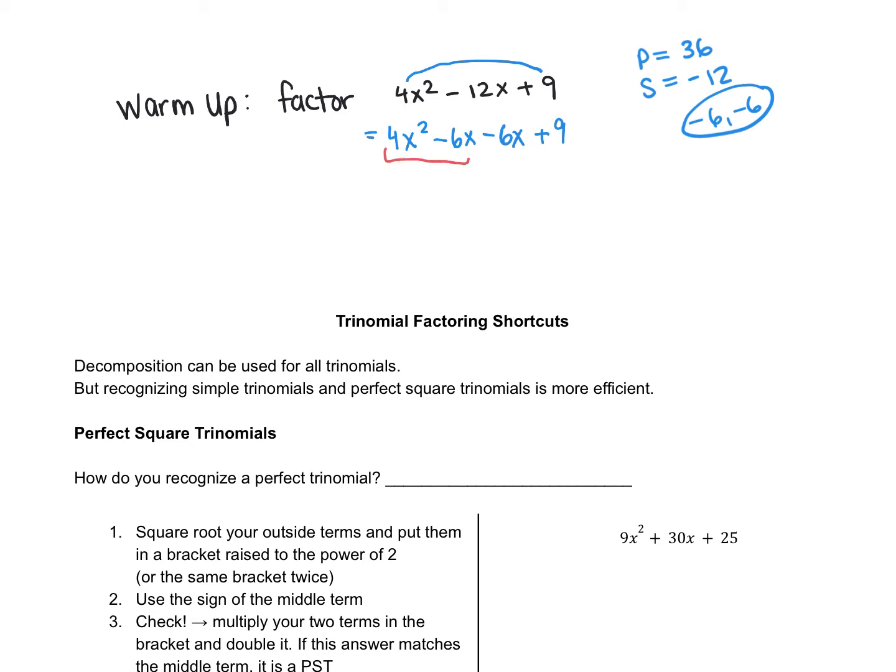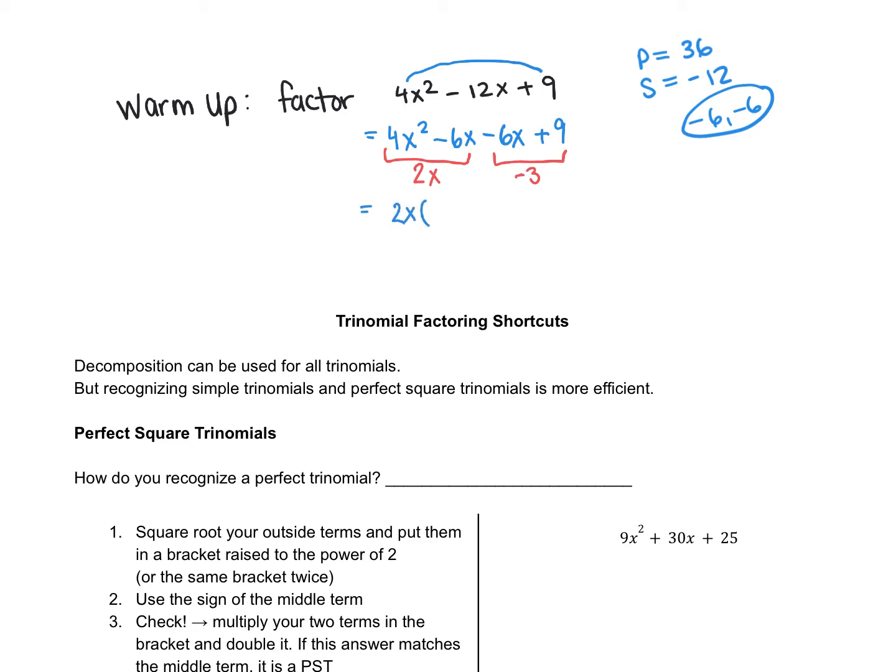After we decompose, we're going to pair up our terms and grab that common factor from each. For 4x squared minus 6x, 4 and 6 can be divided by 2, and they both have an x in common. For negative 6x and 9, they can both be divided by 3 with no variable. And since the first term in that pair is negative, we will take out a negative 3.